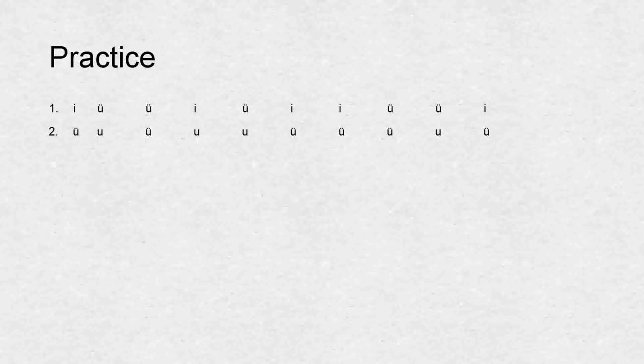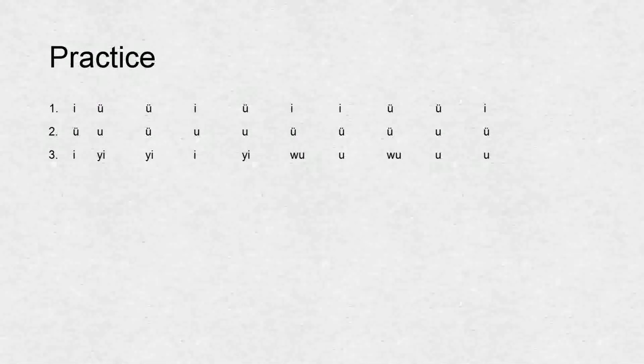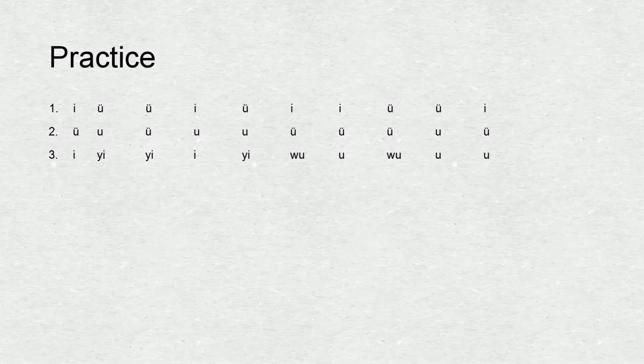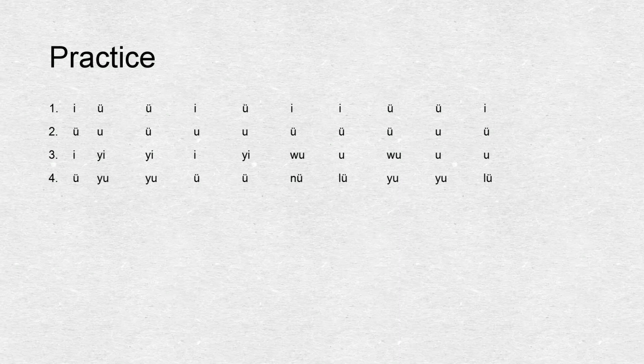Row 1. E, U, U, E, U, E, E, U, U, E. Row 2. U, U, U, U, U, U, U, U, U, U. Row 3. E, E, E, E, E, U, U, U, U, U. Row 4.